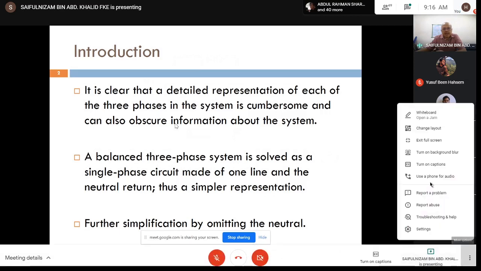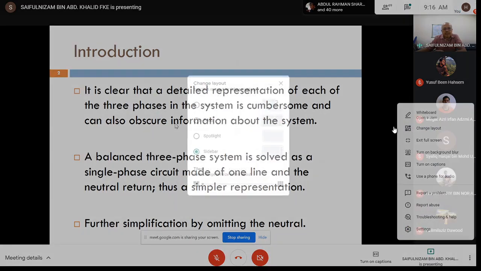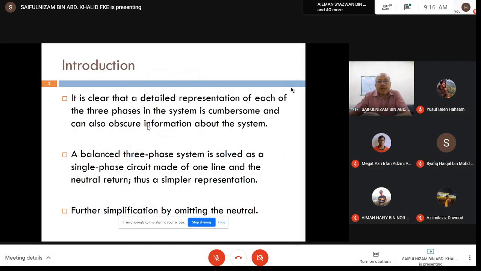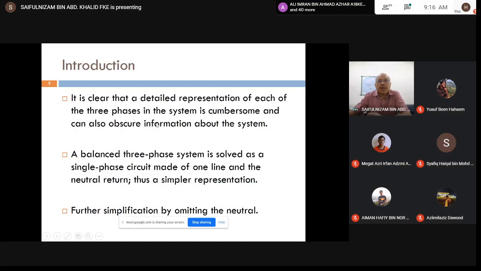A complete diagram of the power system network representing all three phases becomes complicated, and the information cannot be conveyed as intended.